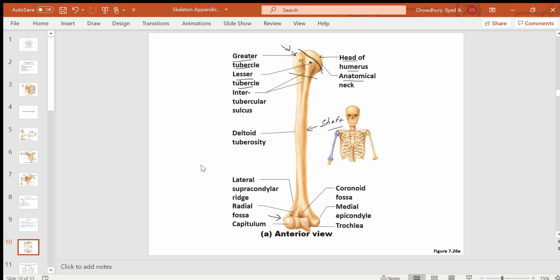So two tubercles, and in between the two tubercles you have a groove, sulcus, and that is called intertubercular sulcus. Makes sense, right? Inter means in between the tubercles, in between greater and lesser tubercles you have this elongated groove, and that is called the intertubercular sulcus, through which the long head of biceps muscle passes.